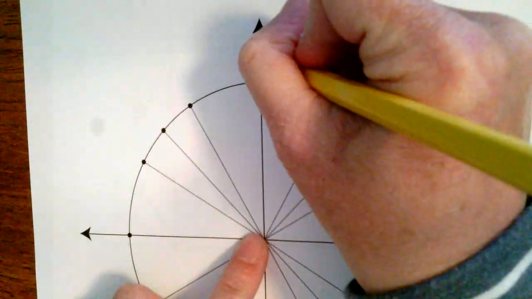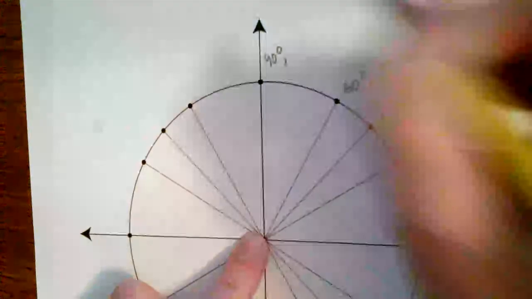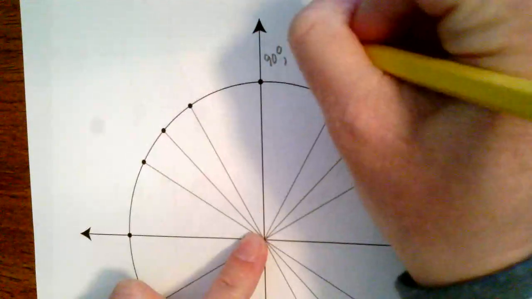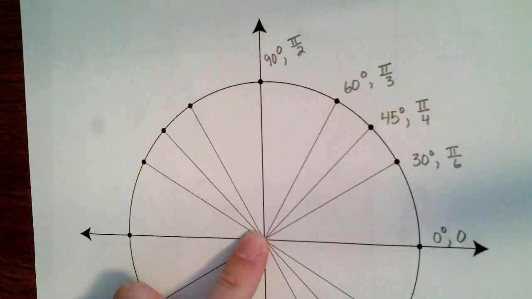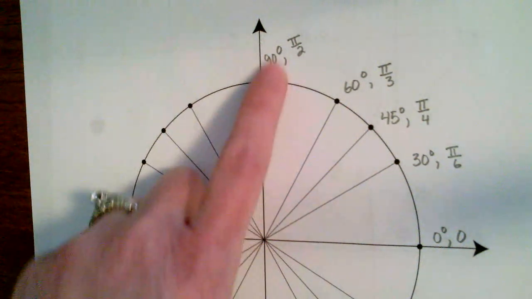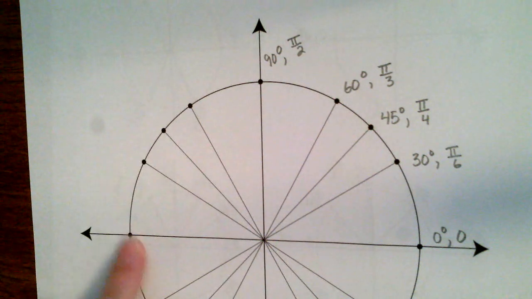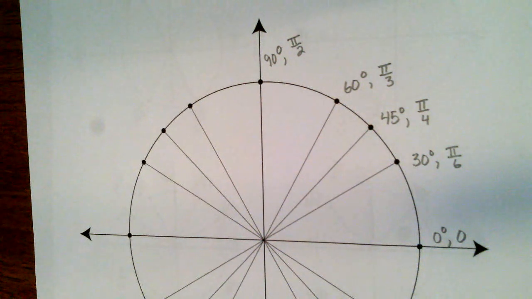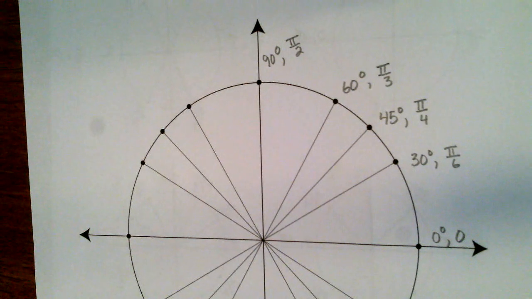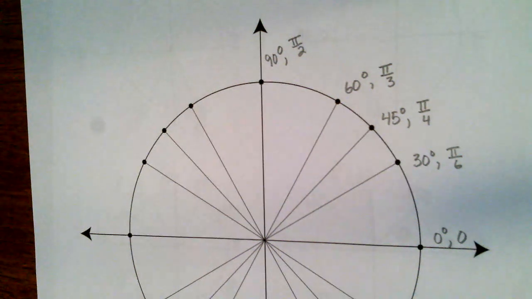Okay, and then this is 90 degrees and pi over 2 radians. Okay, so what I would like you to do is complete all of these tick marks for your entire unit circle. And if you are not confident that you have it correct, I would like you to look up degree and radian measure on the unit circle, and check your answers there.